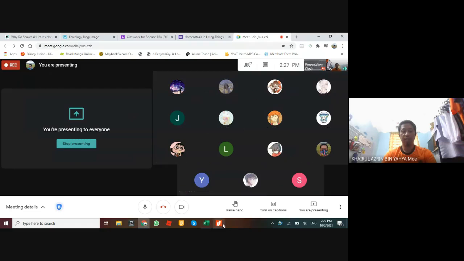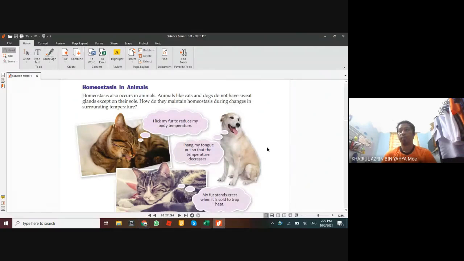We refer to the textbook here. We want to learn about homeostasis in animals and homeostasis in plants. Two things. We start with homeostasis in animals.